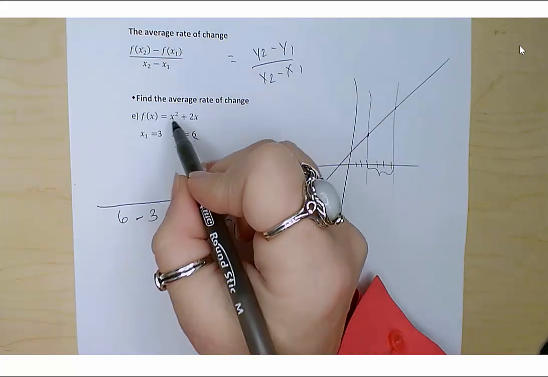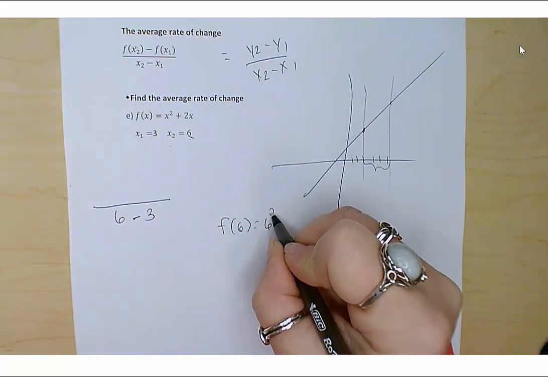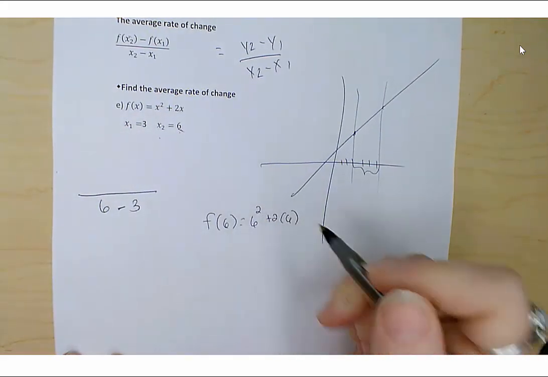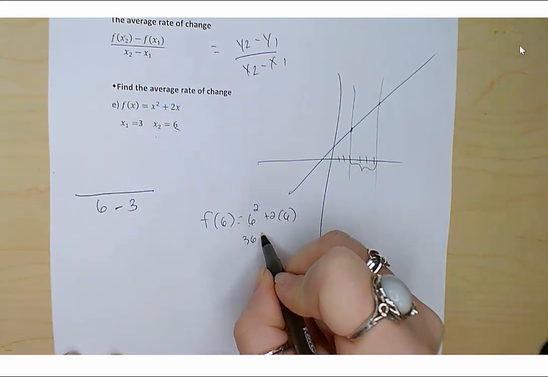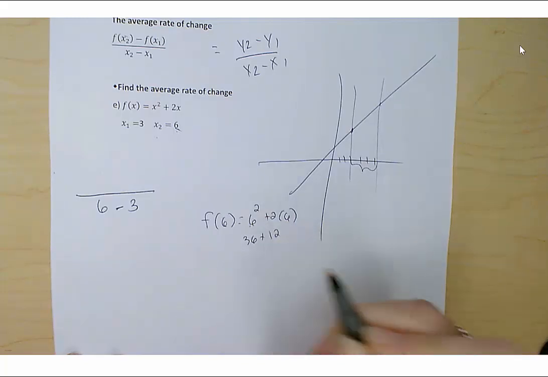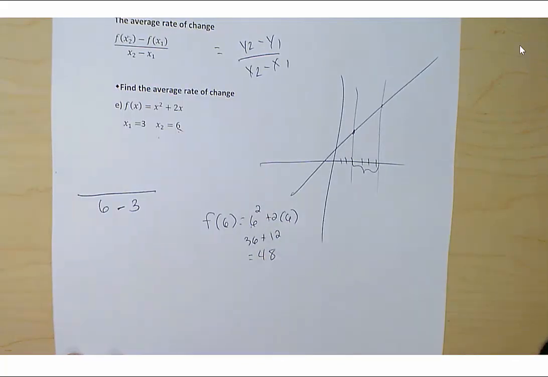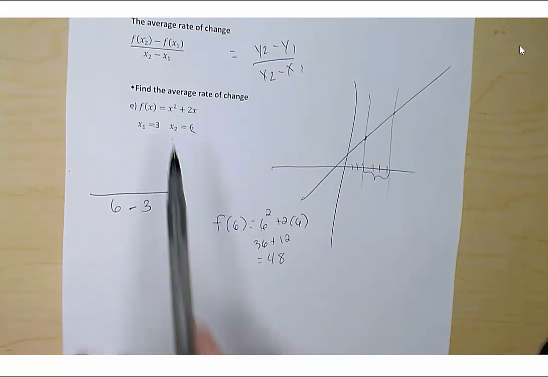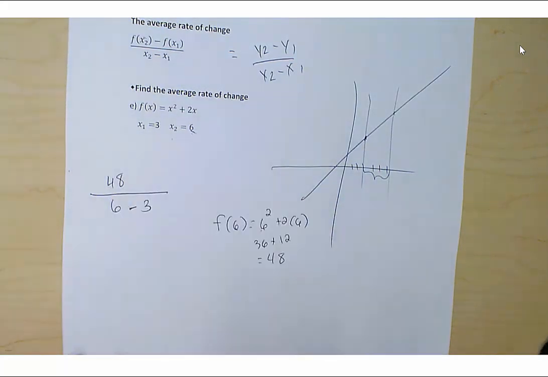If I find f of 6 of this equation, I am plugging in 6 for x and simplifying. When we simplify, 6 squared is 36, 2 times 6 is 12, and when I add those together, I get 48. So f of 6, which is f of x2, is 48.